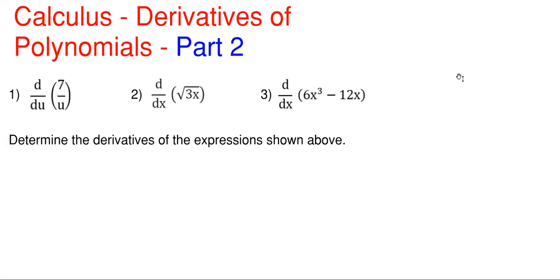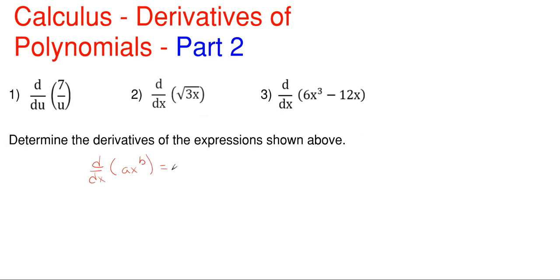So in this video, we're going to be working with calculus, and we're going to be working on derivatives of these three expressions shown on screen here. We are going to solve them using this generic formula of d dx of an expression of ax to the power of b.